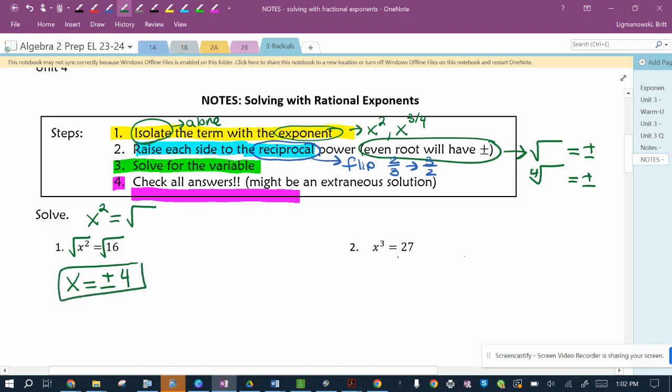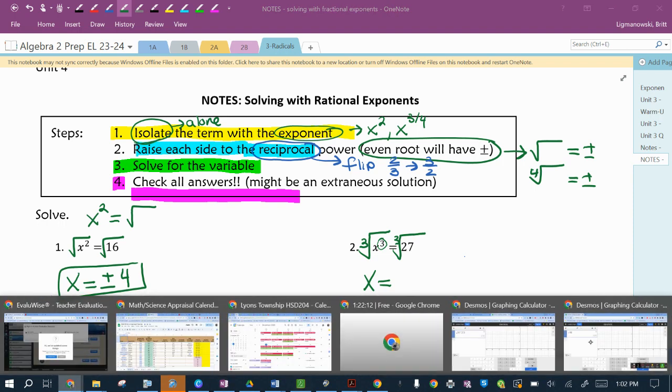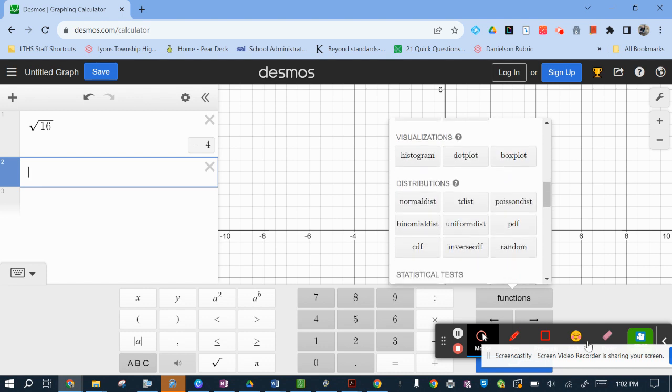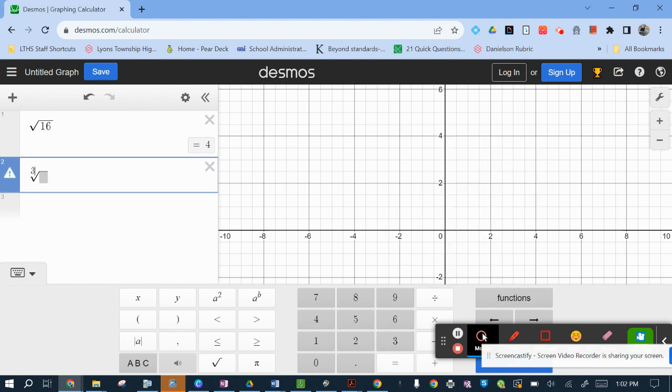Now we would apply the same idea here. Since this is a third power, I'm going to use a third root on both sides. Since this is raised to the power of tres, we're going to use the raíz cúbica to solve. And when I use the raíz cúbica, or the cube root of 27, I'm going to get 3.